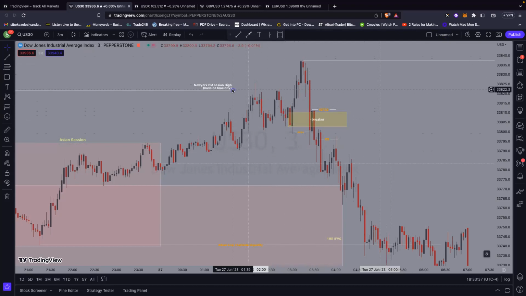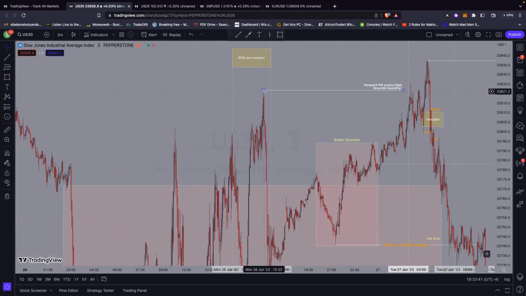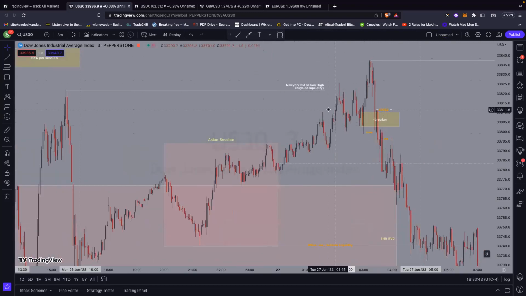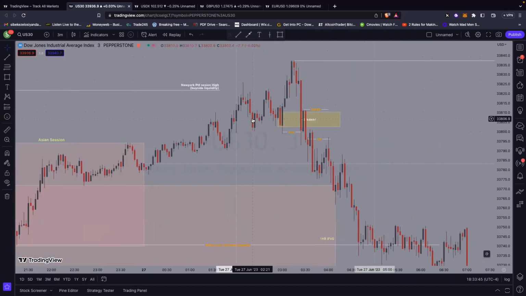We took buy side here, buy side liquidity, and then we didn't create a bearish market structure shift. We went up again, and then we took this buy side here again.